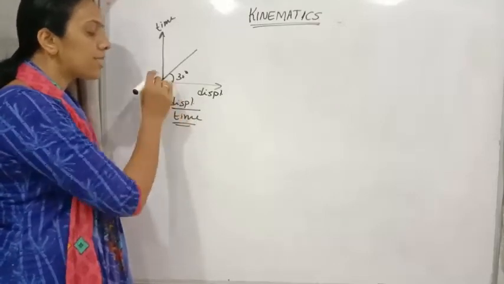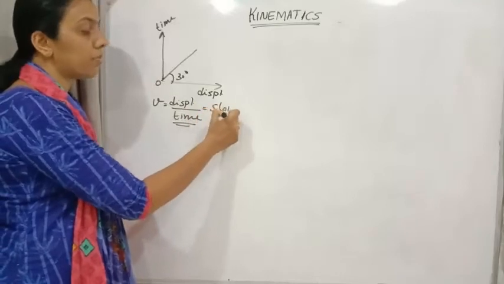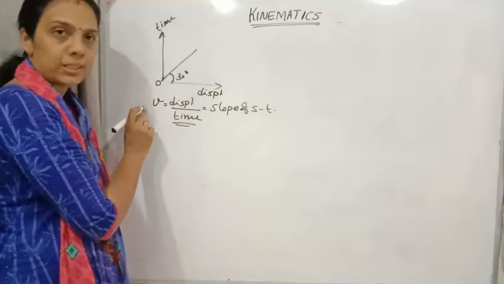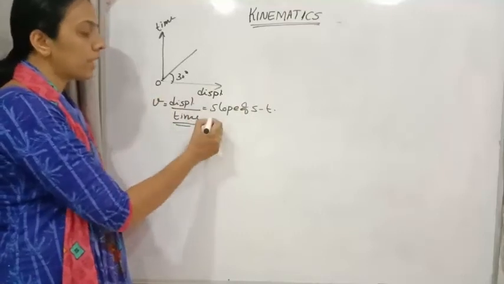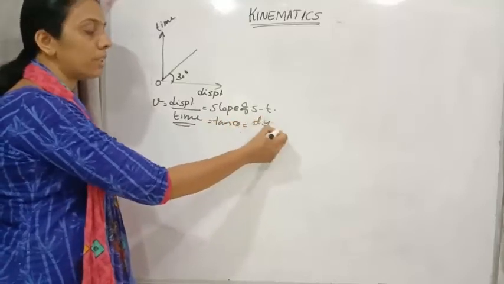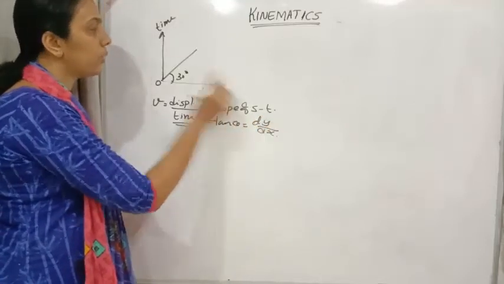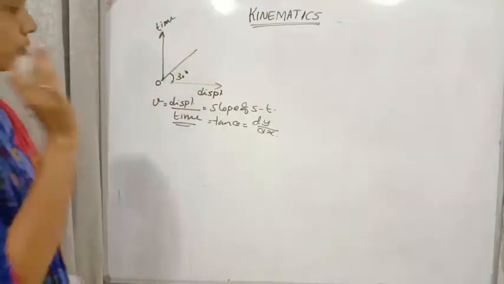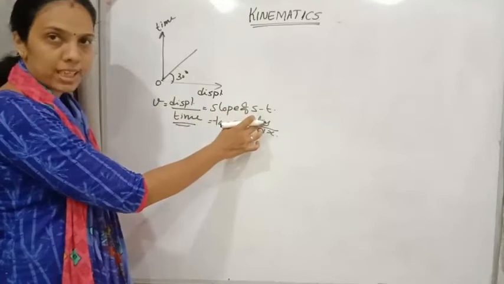So the slope of the displacement time graph will give you velocity. To find the slope, we can use the tan theta value or we can find dy by dx, the y-axis divided by the x-axis. This is the method to find the slope of a displacement time graph.